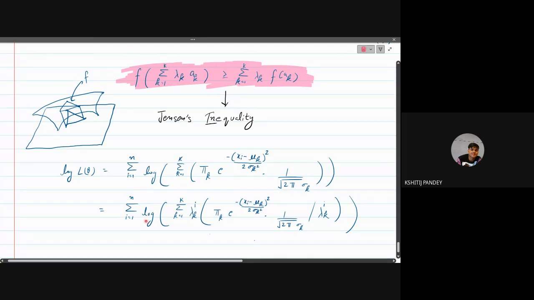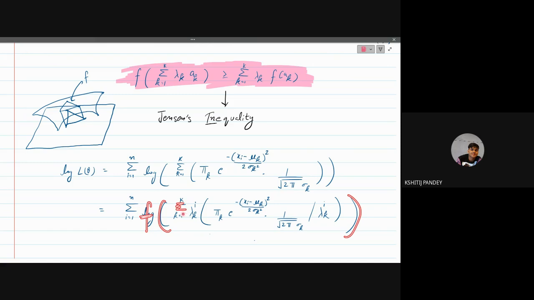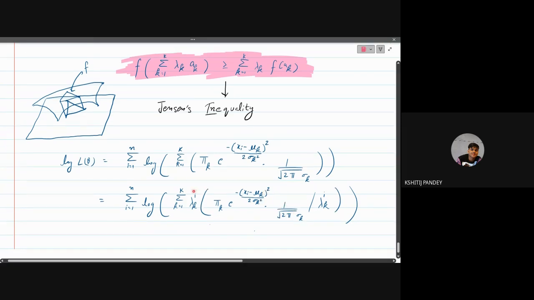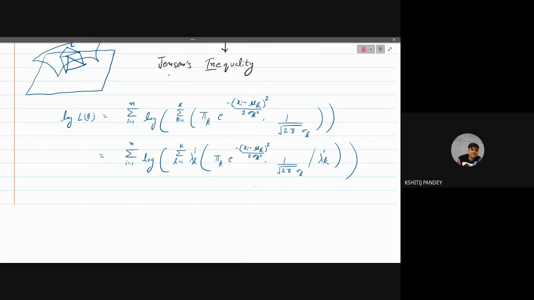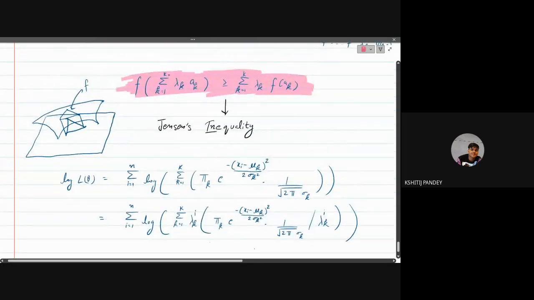This right here is your function. Inside it, you have summation over k from 1 to k, and you have pi k's, and then some numerical value here. This is your ak. So now from Jensen's inequality, this is lower bounded by this value.